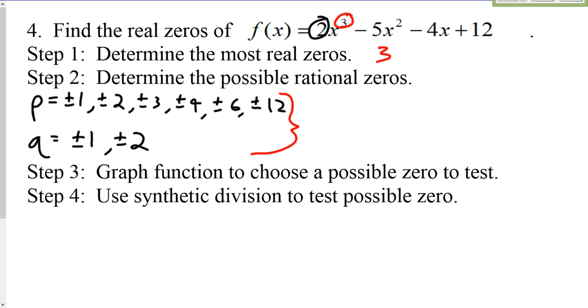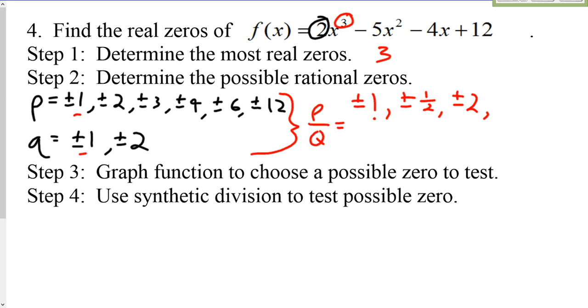So I know it's p over q, so we don't want to do too many repeats here. So I just start with my first one. This could be plus or minus 1 over 1, or it can be plus or minus 1/2. Then I go to the 2. Now it's 2 over 1, so it'd be plus or minus 2, and 2 over 2 is 1. That's repeated. I'm not going to rewrite that one out again.